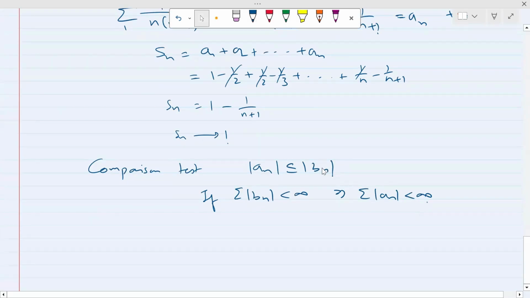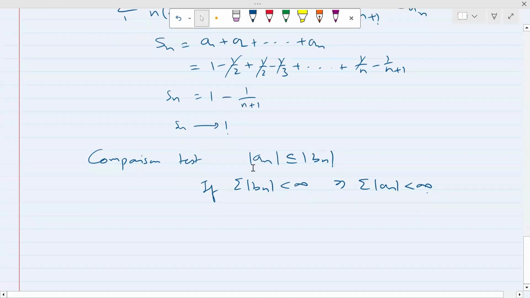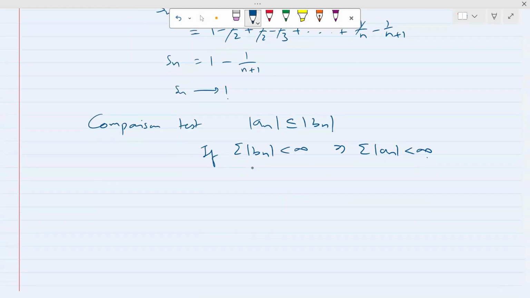If the series on the upper side converges, then the series on the lower side also converges. This is the comparison test. And one more inference of this comparison test: if the series on the lower side diverges, then the series on the upper side also diverges.